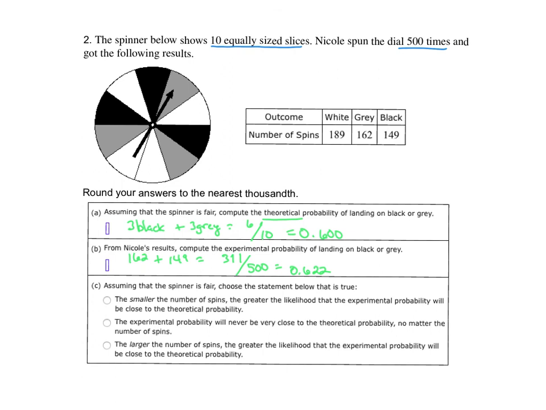So let's ask questions again. The smaller the number of spins, the greater the likelihood that the experimental probability will be close. Or, the experimental probability will never be close, no matter how many spins. Or, the larger the number of spins, the greater the likelihood that the experimental probability will be close.